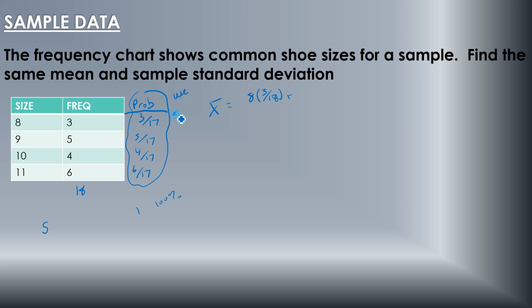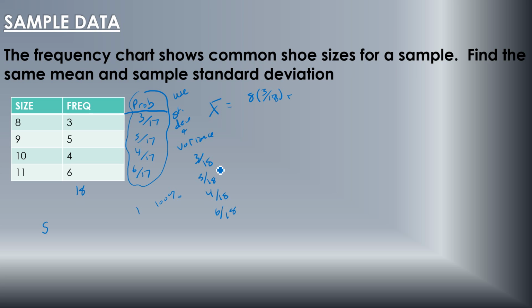Use 17 with standard deviation and variance. For the average, we actually will do like 3 over 18, 5 over 18, 4 over 18, 6 over 18. It works the same as if it were a population for the mean. It's for variance and standard deviation where it's different, and you'll have to use a 17 over here for your probability instead.